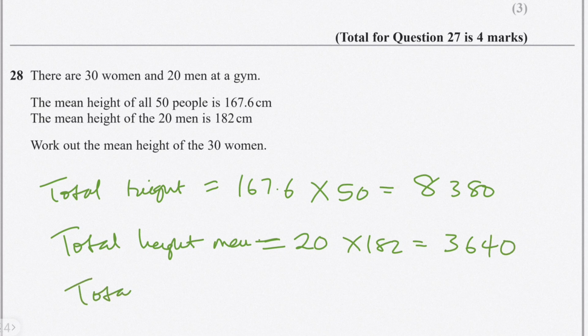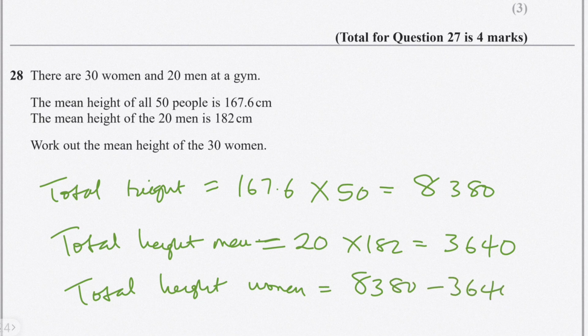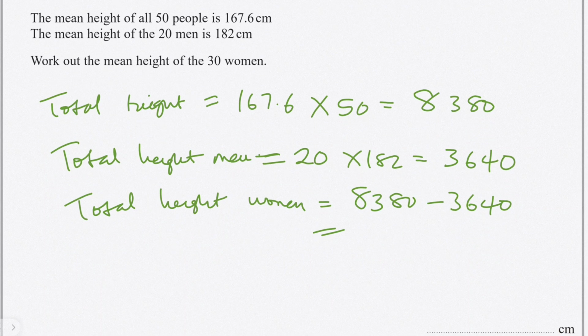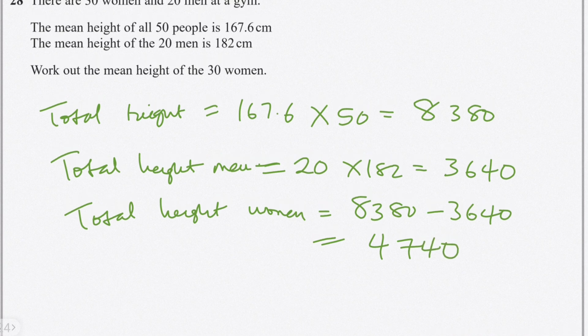So the total height of women is 8,380 minus 3,640, which equals 4,740.